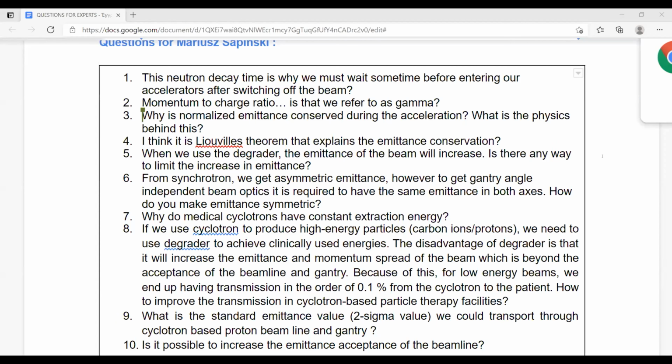You cannot decrease the voltage between the electrodes, because then you will again be out of synchronous conditions. So the cyclotron is a simple device, much simpler than a synchrotron, but you pay in flexibility. You just have to extract the energy for which the cyclotron is designed. There are some tricks that people use to extract at different energies, but they are difficult, they are experimental, and they make everything much more complicated.